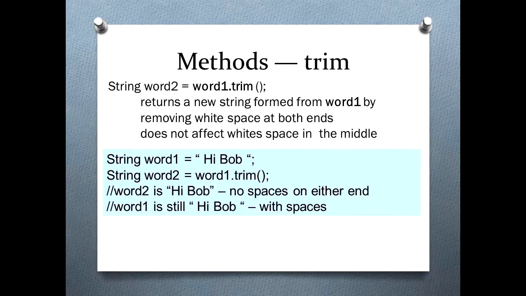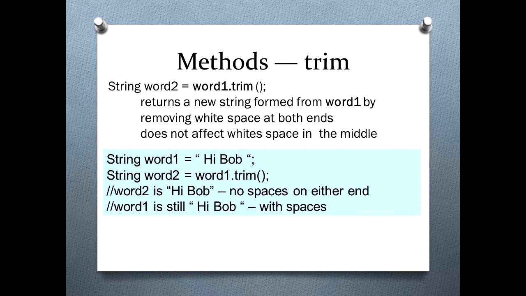Next string method is trim. What is the term trim used for? The trim is used to delete the unwanted space, or we can call it white space. Now I have taken an example called Hey Bob. String 1 is Hey space Bob. I want to trim word 1, that is Hey Bob.